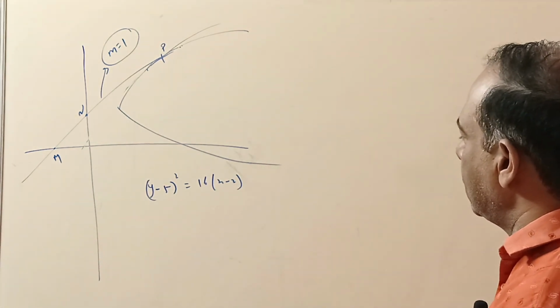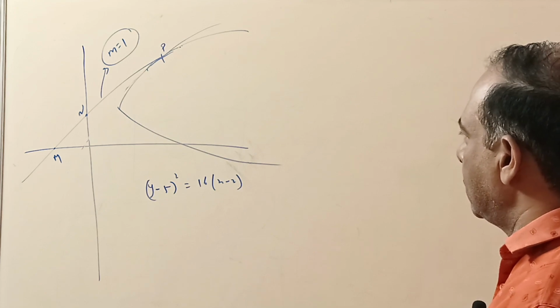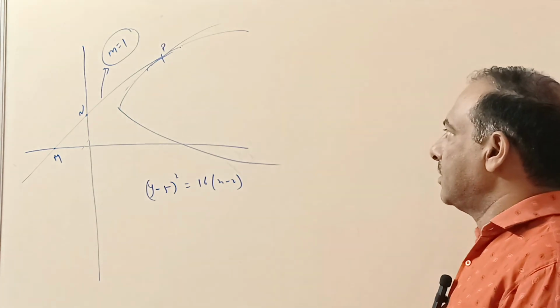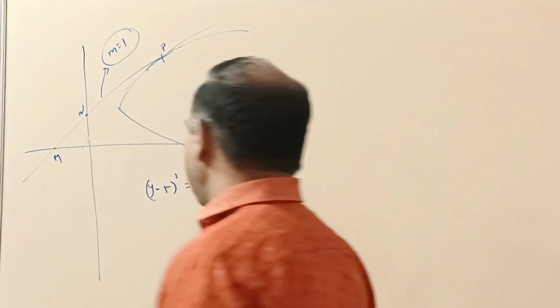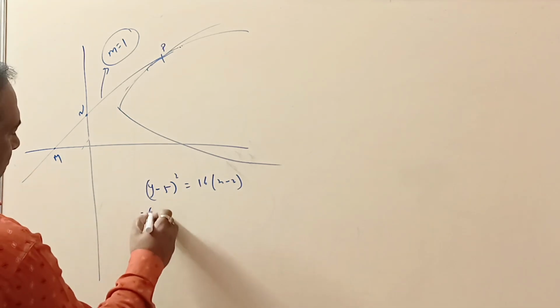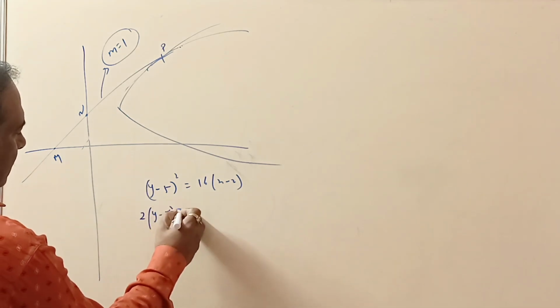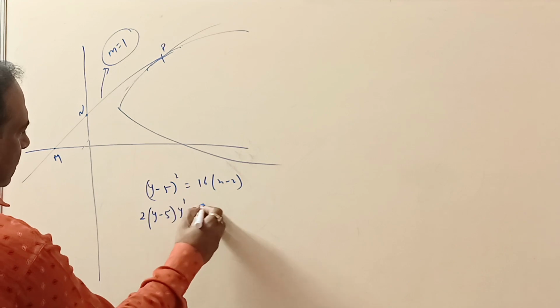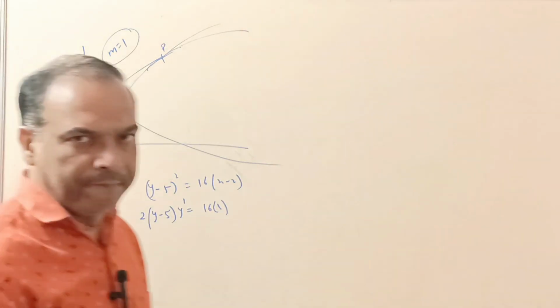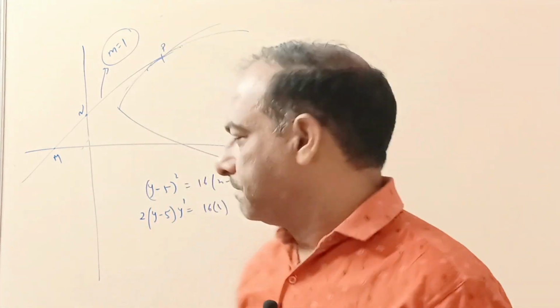Now what we can do here is, first of all, we are given the slope of the tangent. Now here if I go with this equation, if I differentiate it, it will give me twice y minus 5, y dash is equals to 16, and this will be 1. Okay, this is for the differentiation.